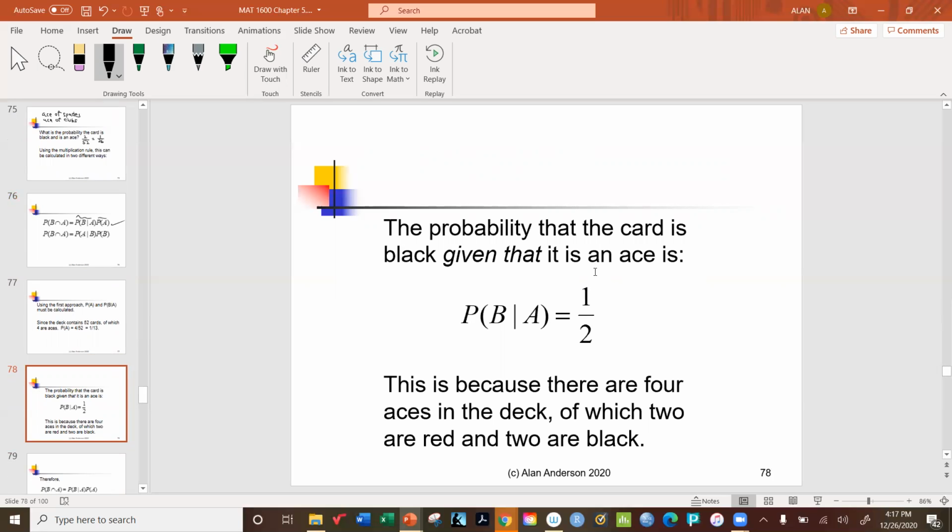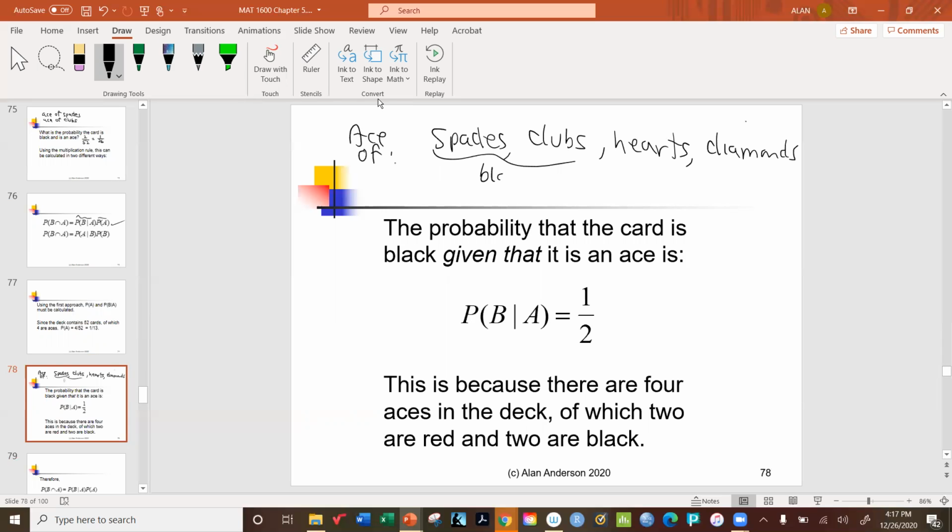In English, this is the probability that the card is black given that it is an ace. Now, there's 4 aces in the deck. The ace of spades, clubs, hearts, and diamonds. These are black and these are red.